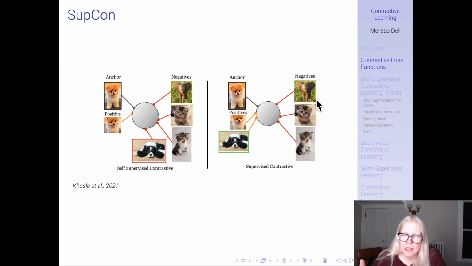So you might still do that data augmentation from your anchor, but then you also have another picture of a dog here that then becomes part of that same class. Whereas if you don't have labels, then obviously you don't know whether things in your unlabeled data may be part of the same, specifically defined class. Instead, in self-supervised settings, what it means to be positive is just to be a data augmentation of the anchor.